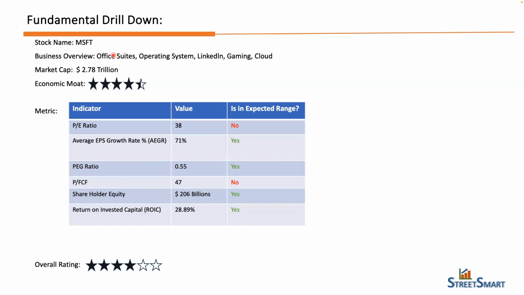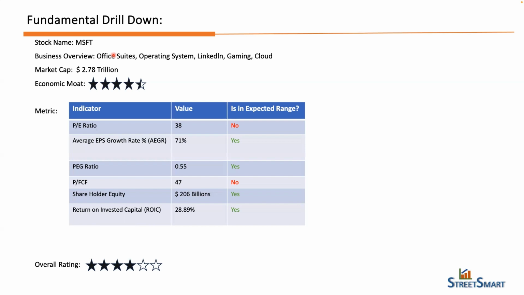It also provides the operating system, Windows. Whenever a PC manufacturing company like Lenovo, HP, or Dell sells a laptop, they have Windows installed, and some kind of royalty is paid to Microsoft for installing that operating system. It also owns different subsidiaries like LinkedIn, and it recently acquired Activision Blizzard and ChatGPT, and it also owns the Azure cloud.